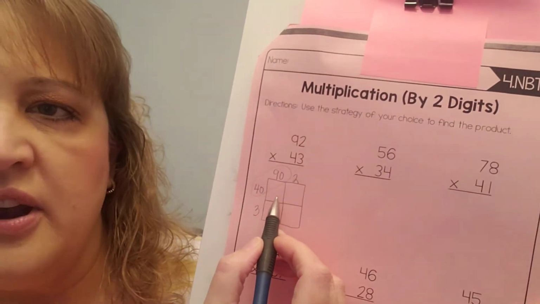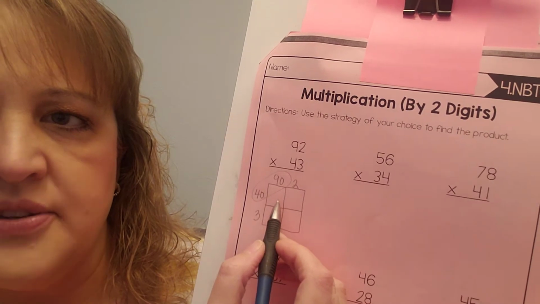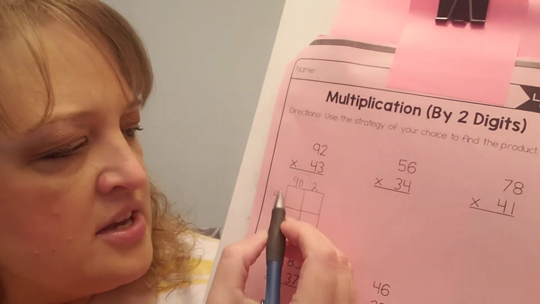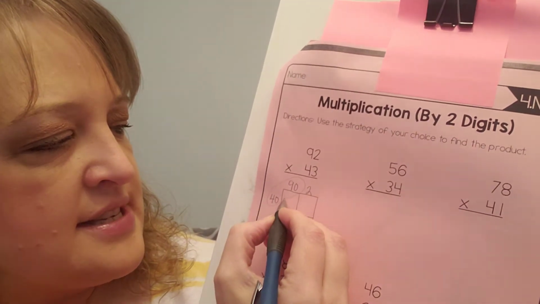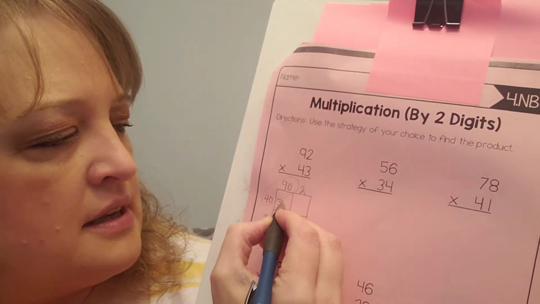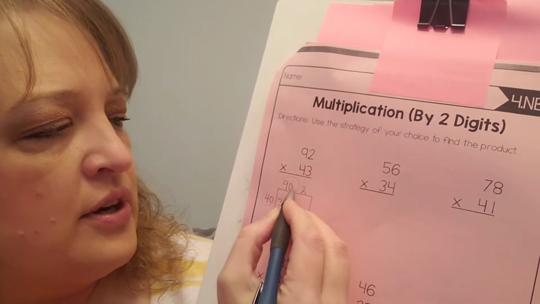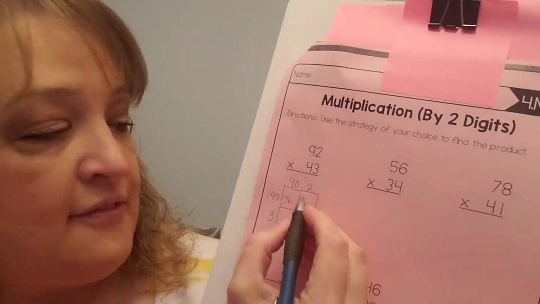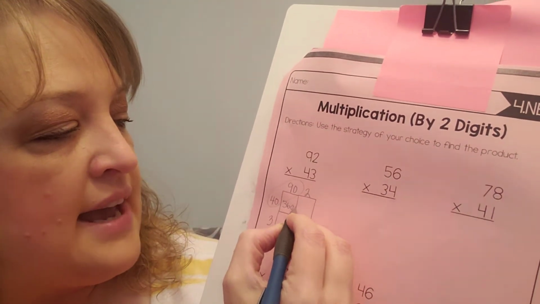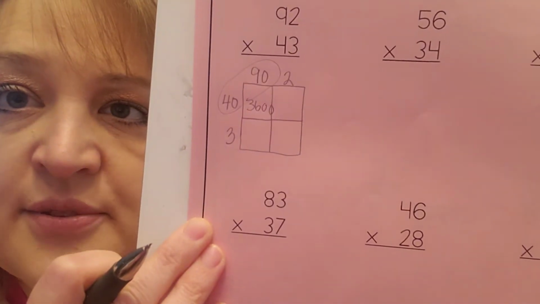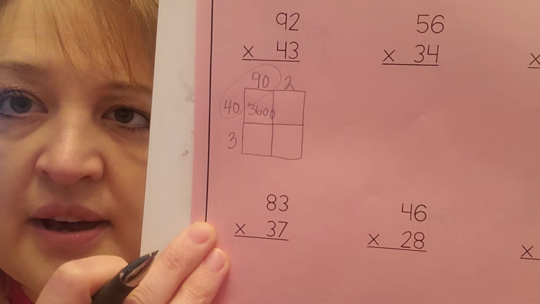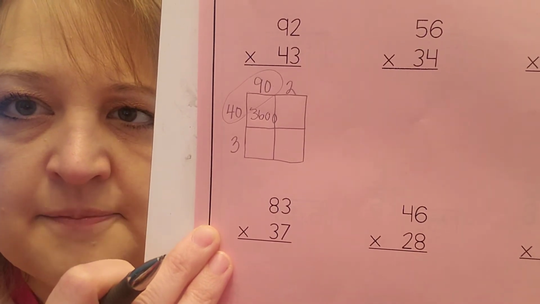And we're going to put our answer in this first box. Okay? So 4 times 9 is 36. And then how many zeros do I have? I have 2 zeros, so I'm going to add 2 zeros. So I have 3,600 in that first box. That's why you have to make these kind of big.